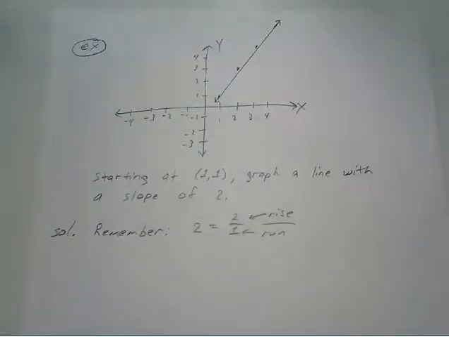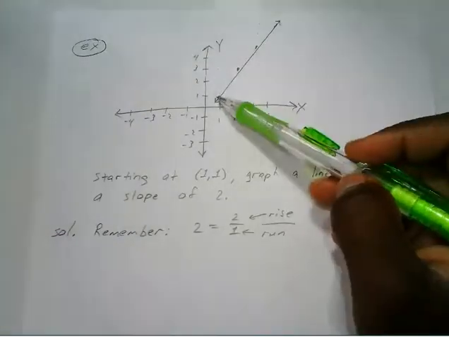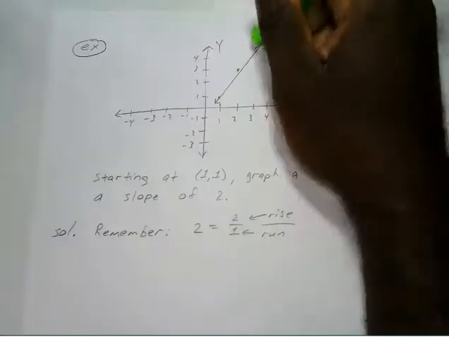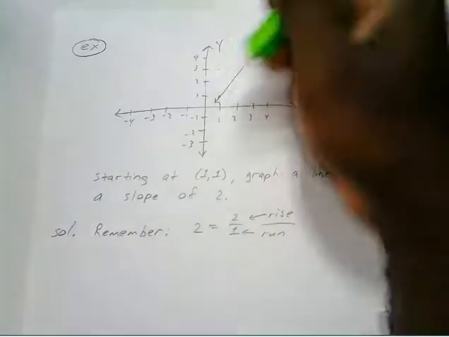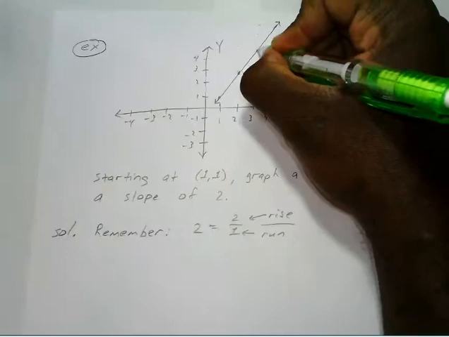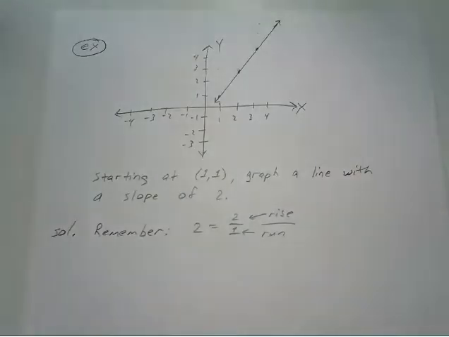But that would be your line, starting at that point and knowing you have a slope of 2. Drawing it by hand is not as precise as you would like, but you get the idea. Hopefully the rise over run makes a little bit of sense to you.